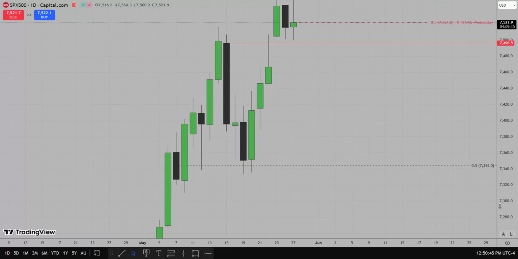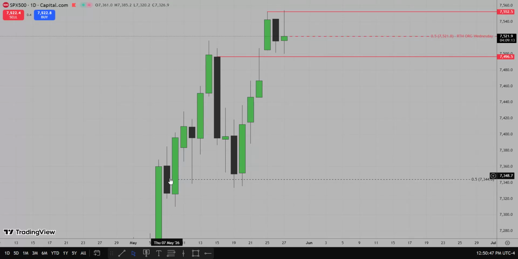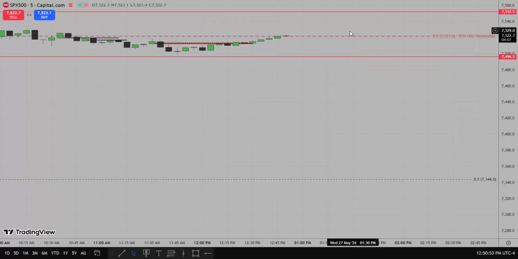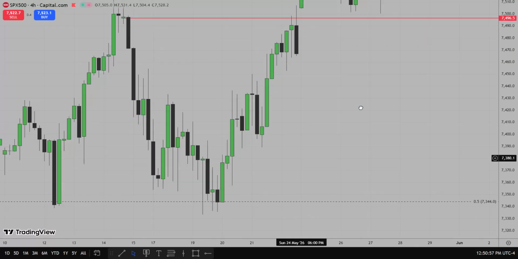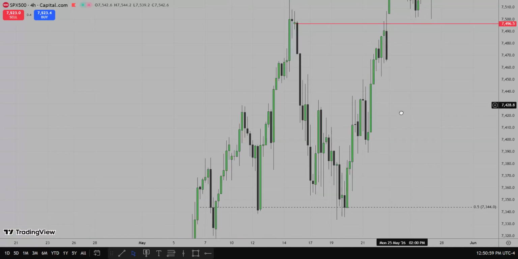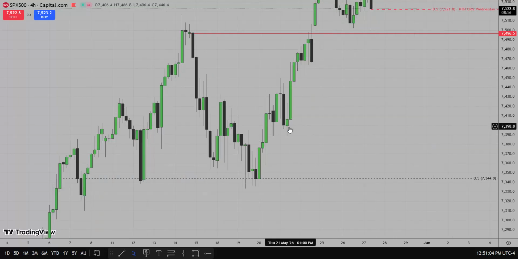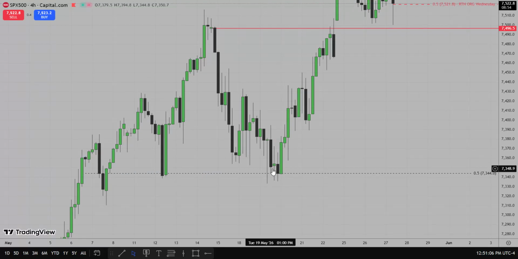So, for example, you have this consequent encroachment here. Okay, when you come to the 4 hour time frame, I'm sorry about that. When you come to the 4 hour time frame, you can see what is happening here. You can see that there.